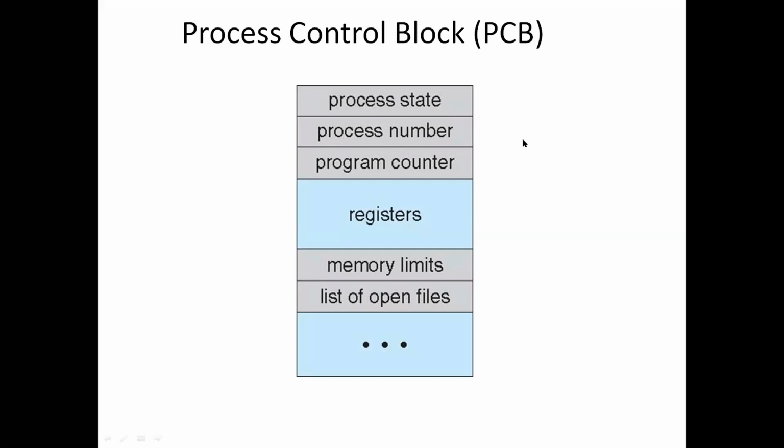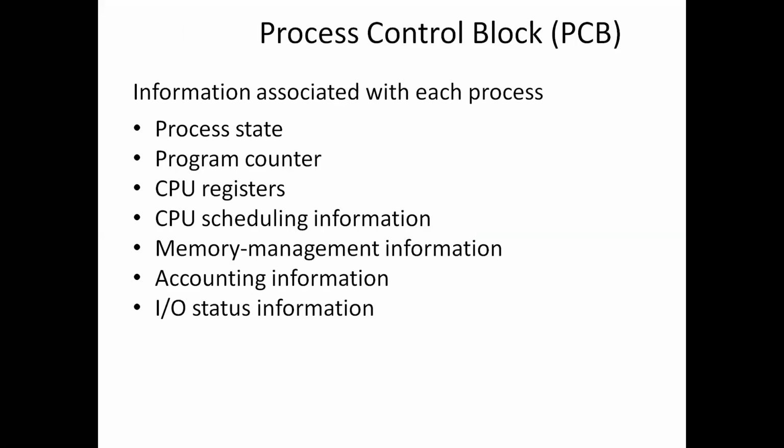Next we have the program counter, and the process number also. Every process will be identified by using a process identifier. Process ID will be there. Whenever the process is created, that ID will be assigned to that process, and that process ID also will be stored in the process control block. Next, the program counter includes the address of the next instruction to be executed for the process.